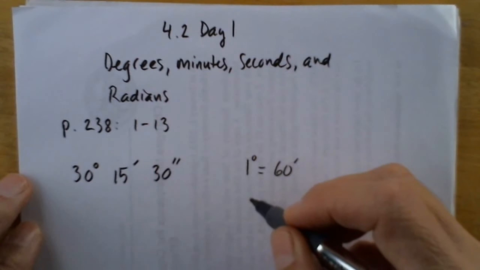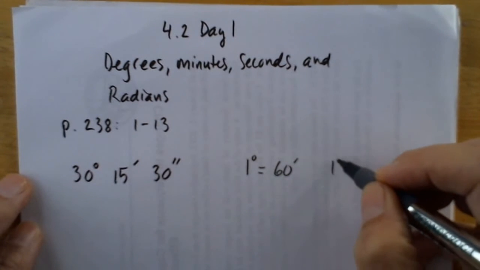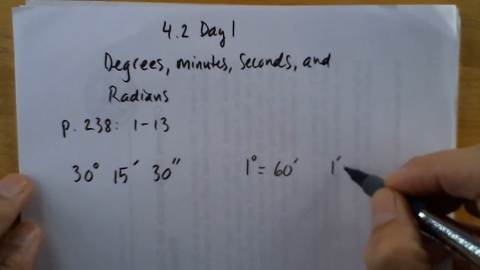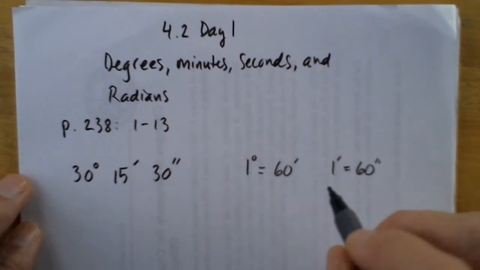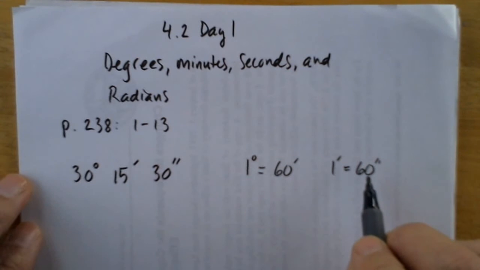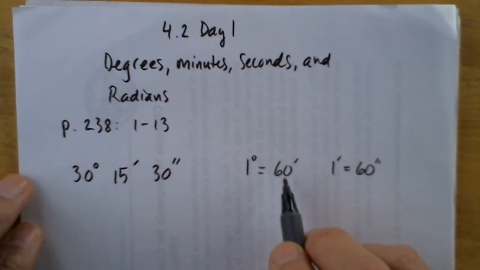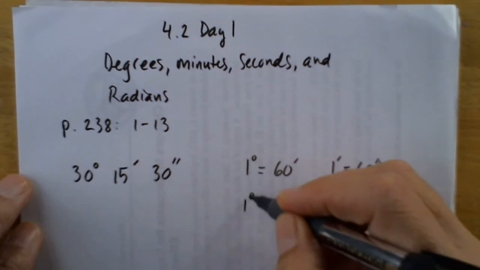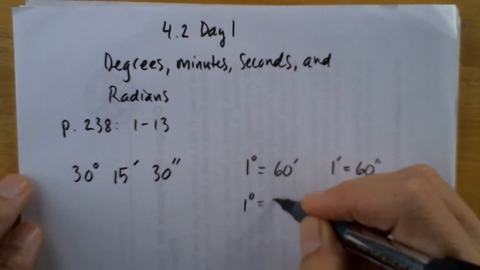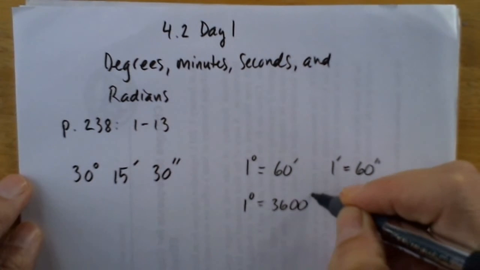And then we could say that 1 minute equals 60 seconds. So if there are 60 seconds for every minute, we could go 60 times 60, and then we would have 1 degree is equal to 3,600 seconds.